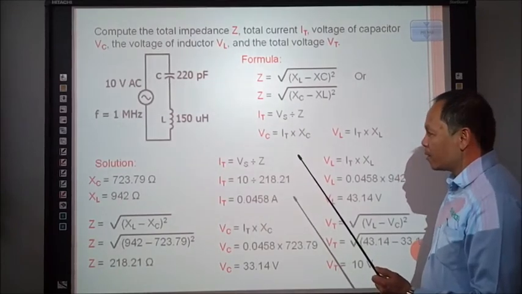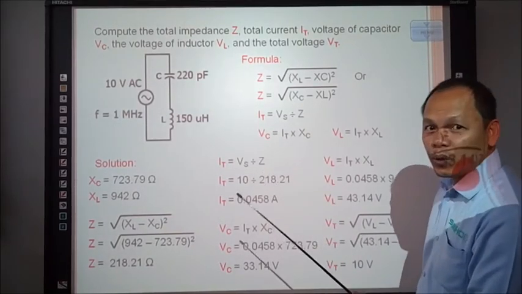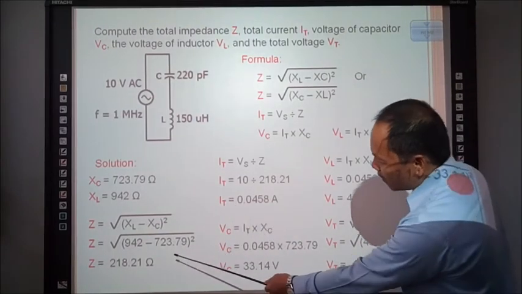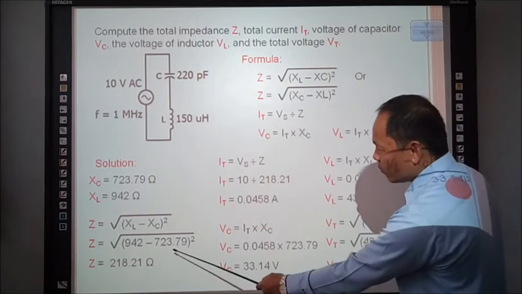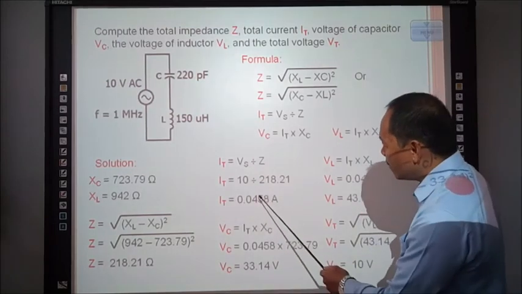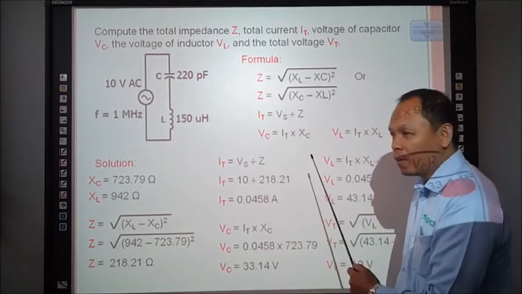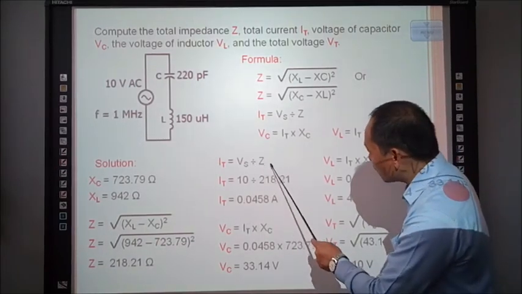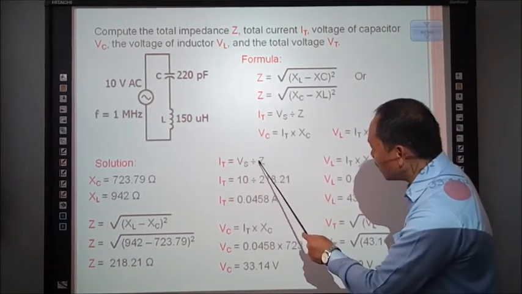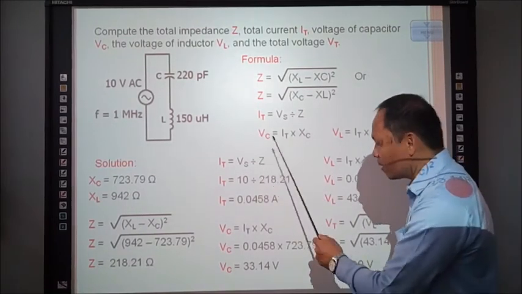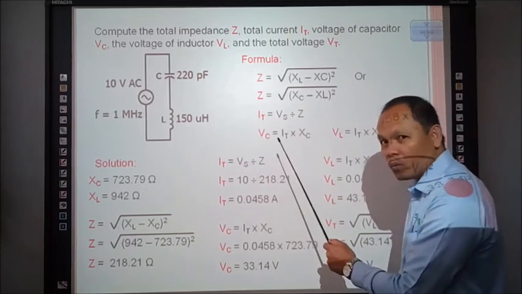So this is how to compute the impedance using this formula, and how to compute the total current using this Ohm's law formula. We just substitute R with Z, the unit of which is ohms.